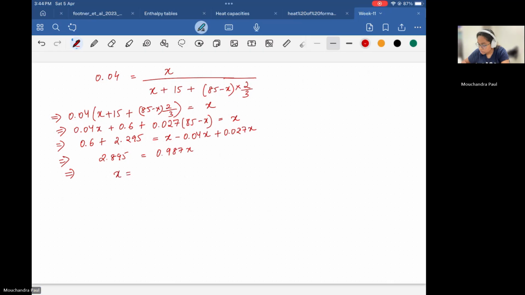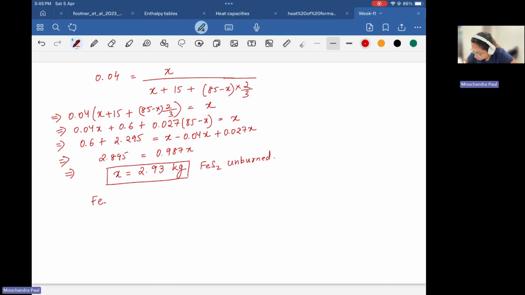So x is coming out to be 2.9331. Let's write it as 2.93 kg. This is the mass of FeS2 unburned.